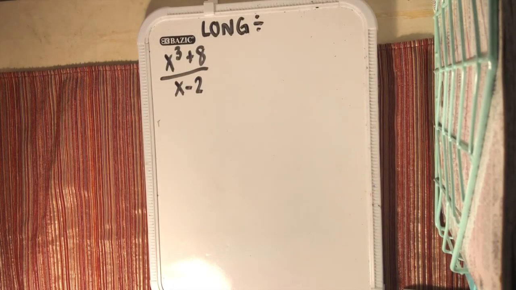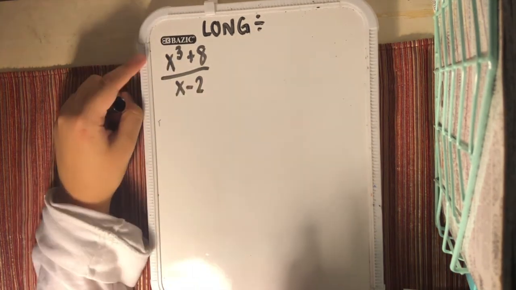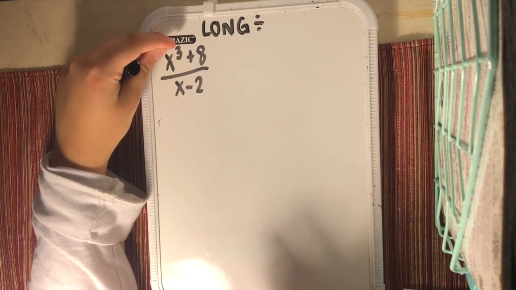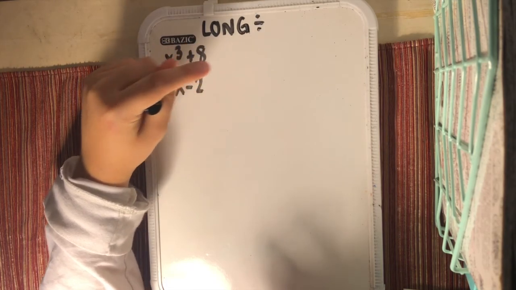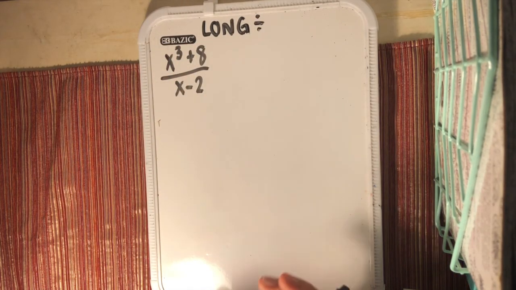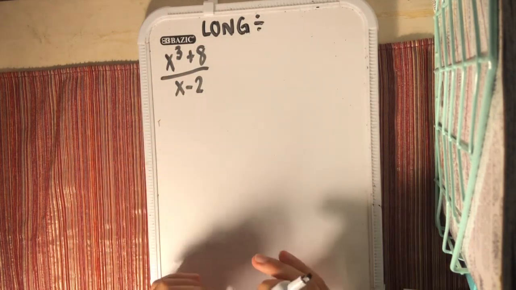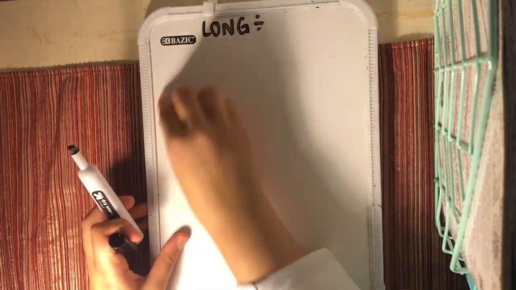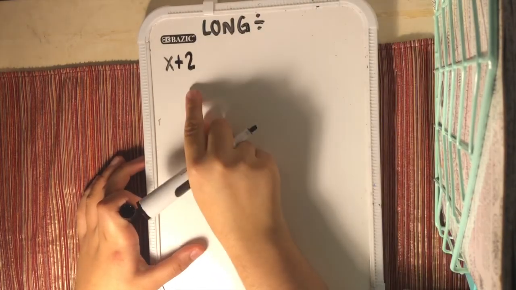So our next example using long division is x cubed plus 8 over x minus 2. And you'll notice right away that this is not accounted for. I'm not having any descending exponents. So what you do in this situation, and I'm just going to go ahead and write this in the long division format. Sorry if I wrote minus before, it's plus.